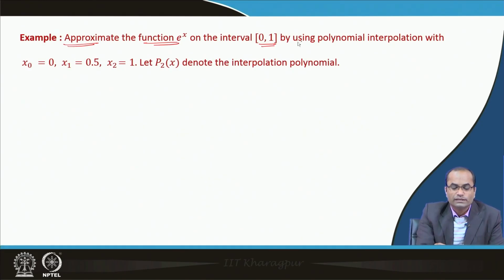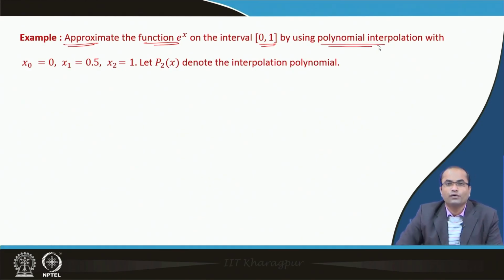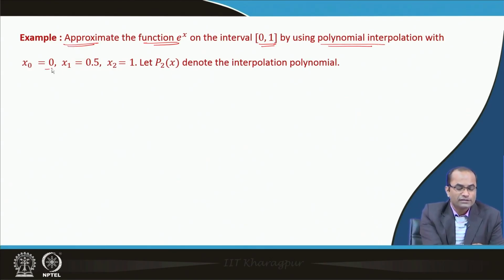Here we want to approximate the exponential function on the interval 0 to 1, given by the polynomial interpolation. So, this exponential function we want to approximate by a polynomial interpolation with these points, x naught, 0.5 and 1. So, we can get this exponential function at 0, 0.5 and 1.